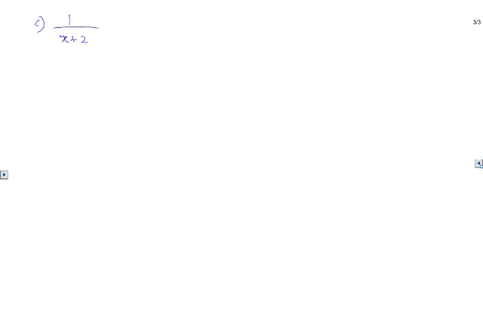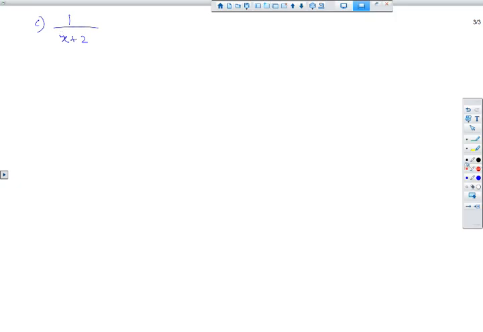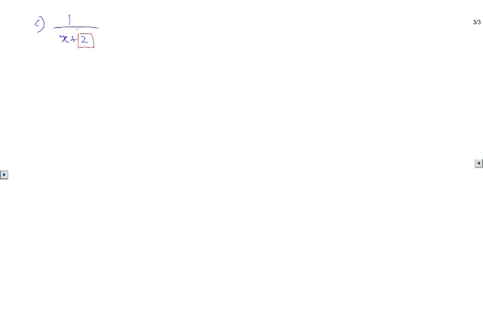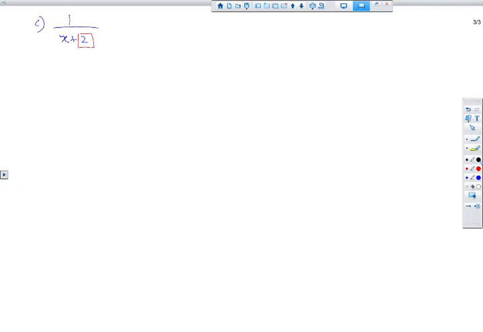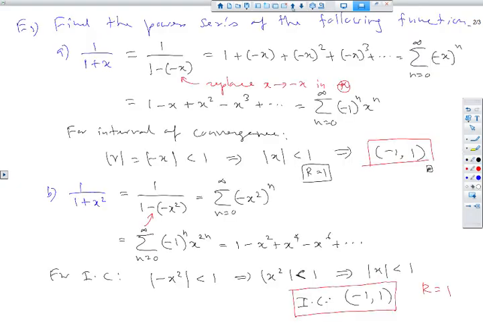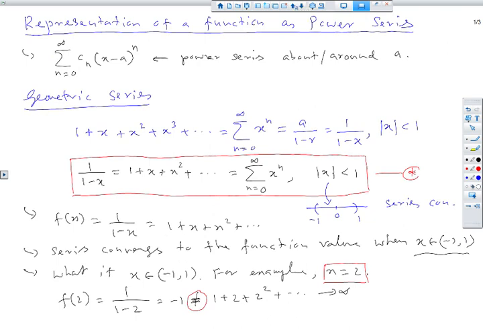The difference is this 2. You can see that in the representation it always has to be 1. If you look at previous examples, it's always 1 plus or 1 minus. Even the original one started with 1 minus. So the 1 is important. The 1 has to be there.